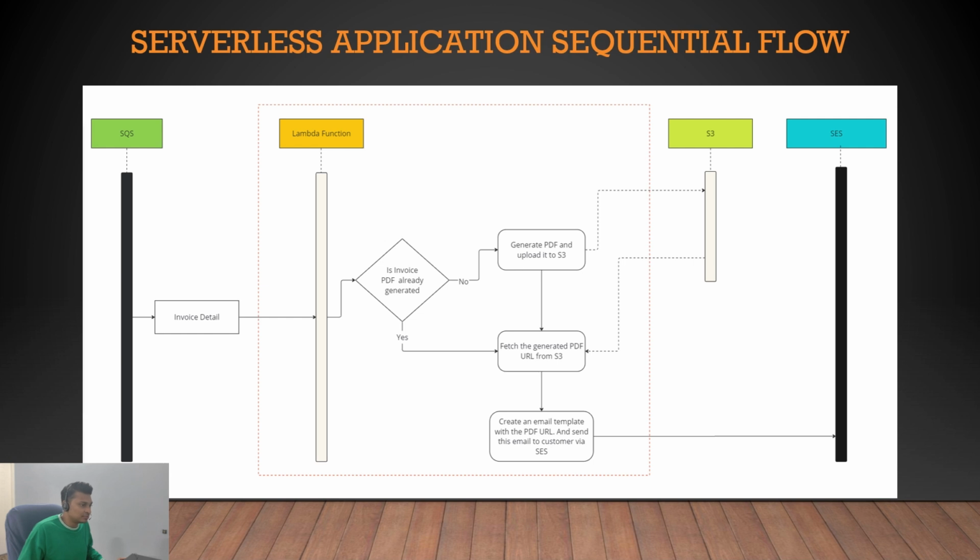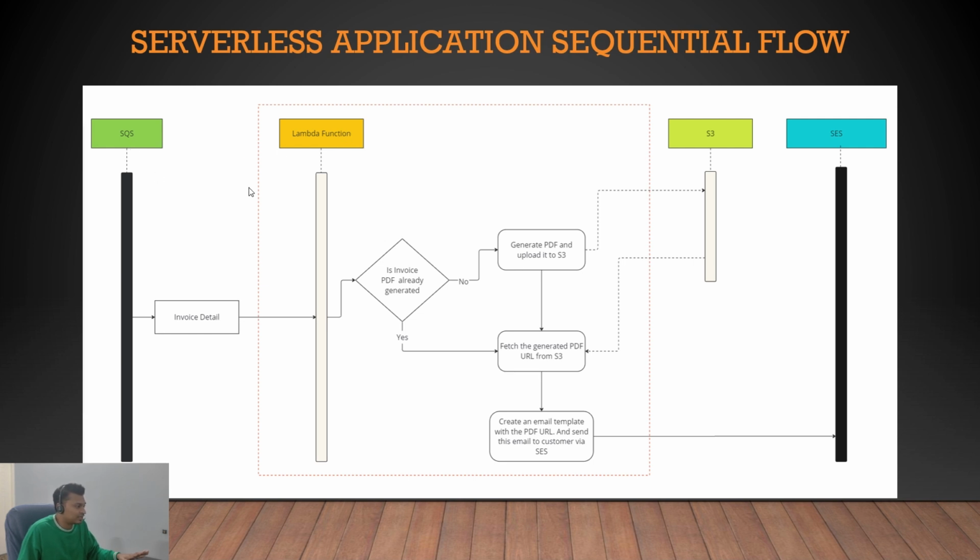Now, whatever is inside the dotted red has to be written by us in a programming language, and that code has to be uploaded to the Lambda service. Then we should create an SQS service and a queue there, and integrate this queue with the Lambda function.